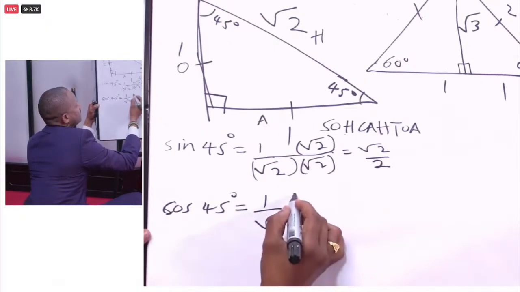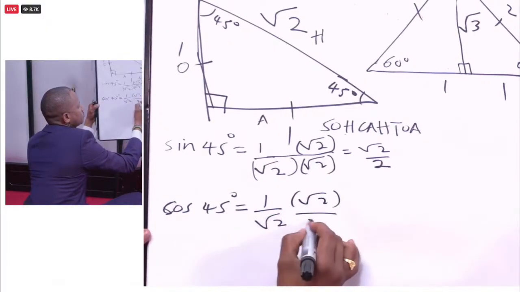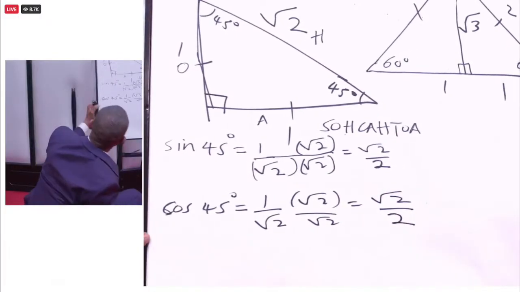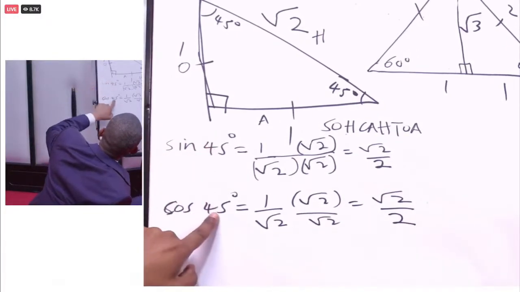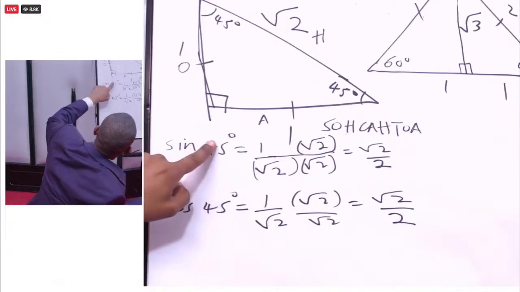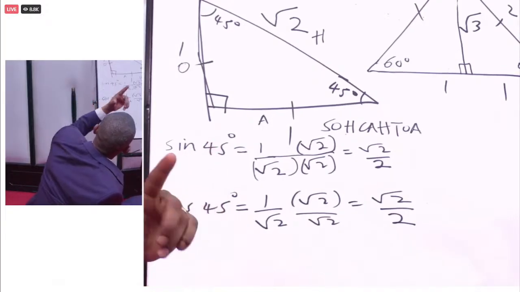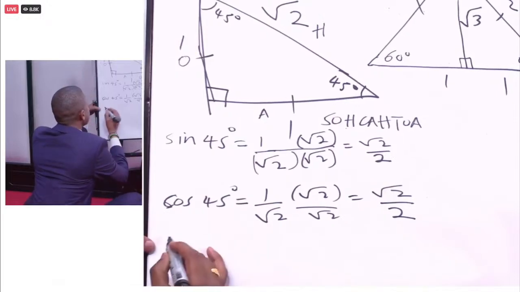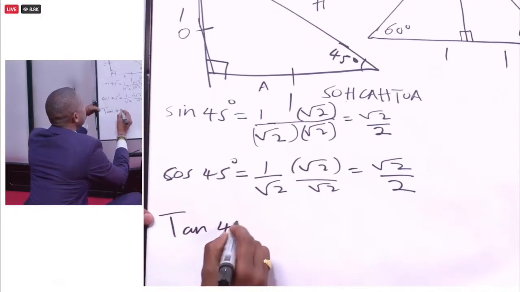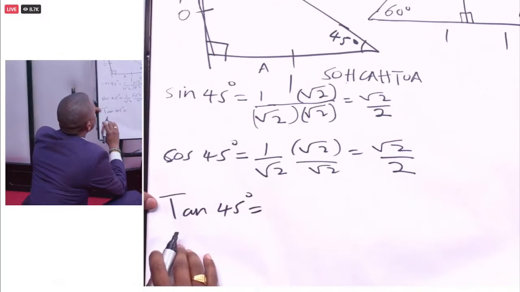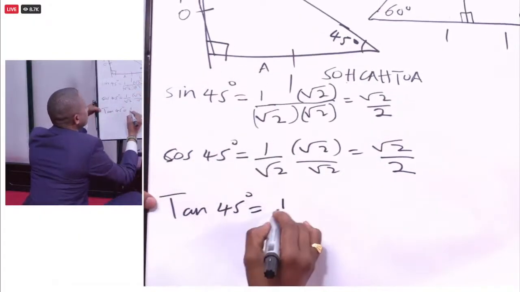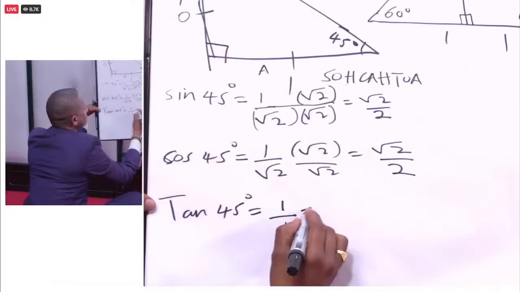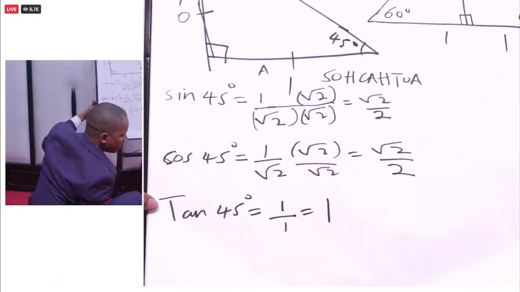Again, you rationalize by root 2, which is root 2 over 2. So you realize that sine 45 equals cos 45. Therefore, these two angles, 45 plus 45, equals 90 degrees. We will use it in our equation. Let's just go on first. Then tan 45 degrees equals opposite over adjacent. So tan 45 equals 1.